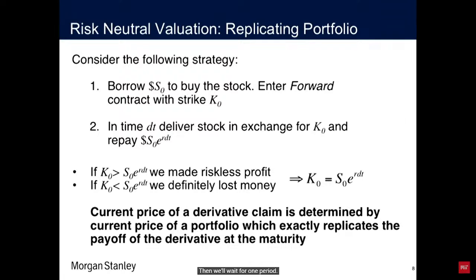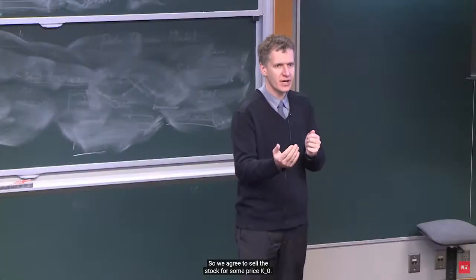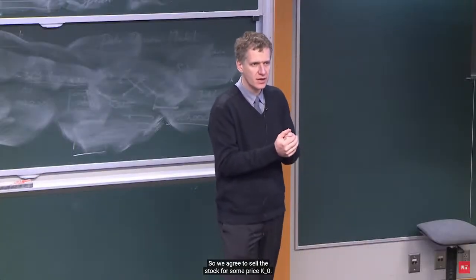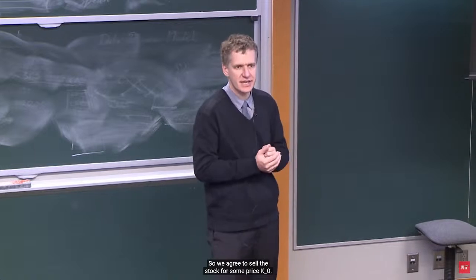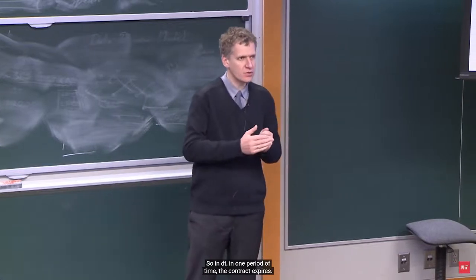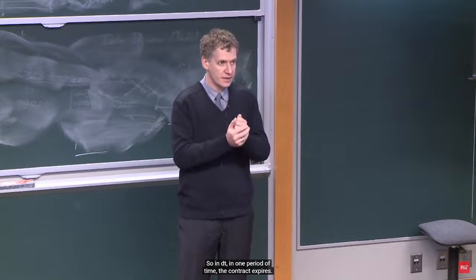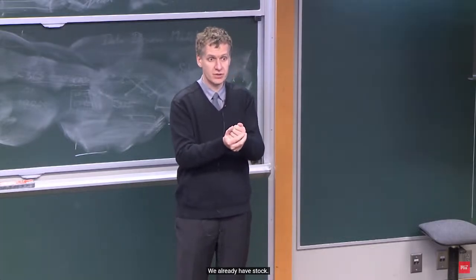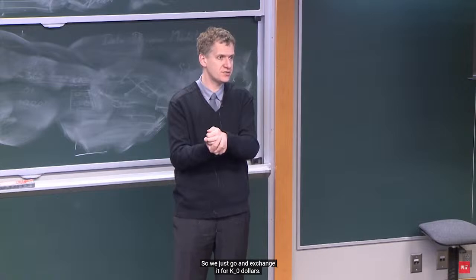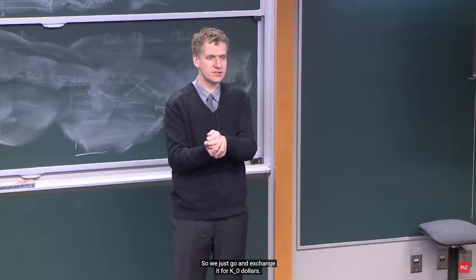Then we wait for one period, and at the same time we enter the short side of the forward contract. So we agree to sell the stock for some price K0. In dt, in one period of time, the contract expires. We already have the stock, so we just exchange it for K0 dollars.